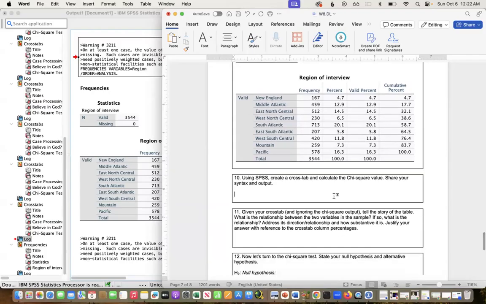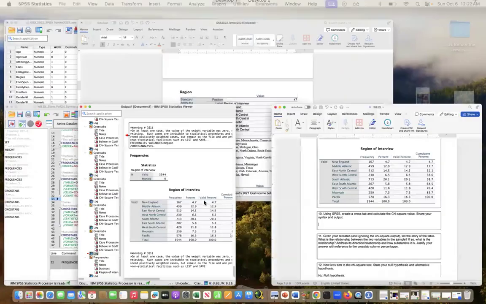Okay. So now the crosstab and chi-square value, I already did those. Let's see.